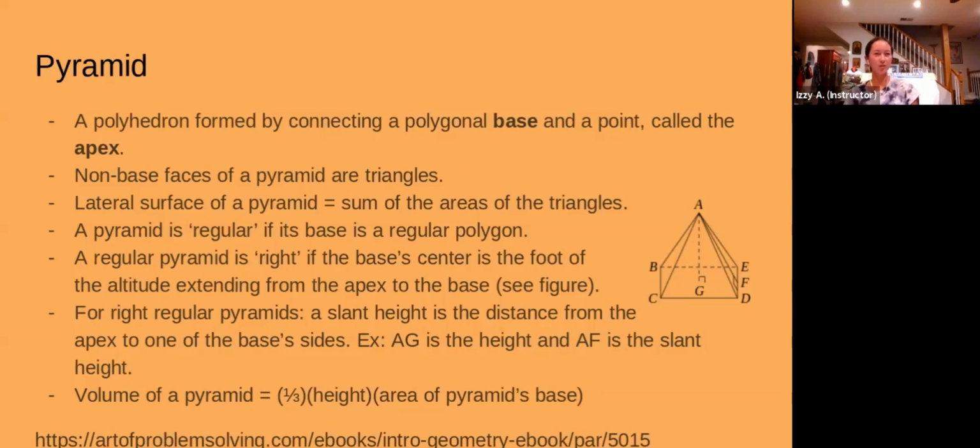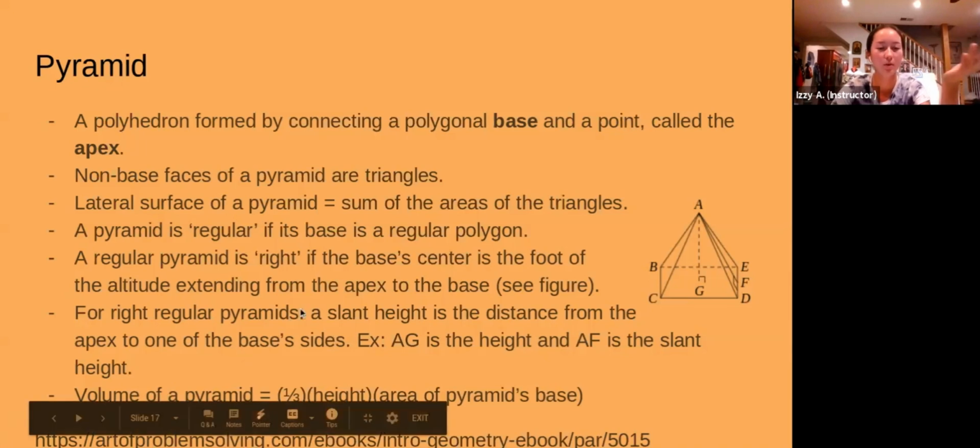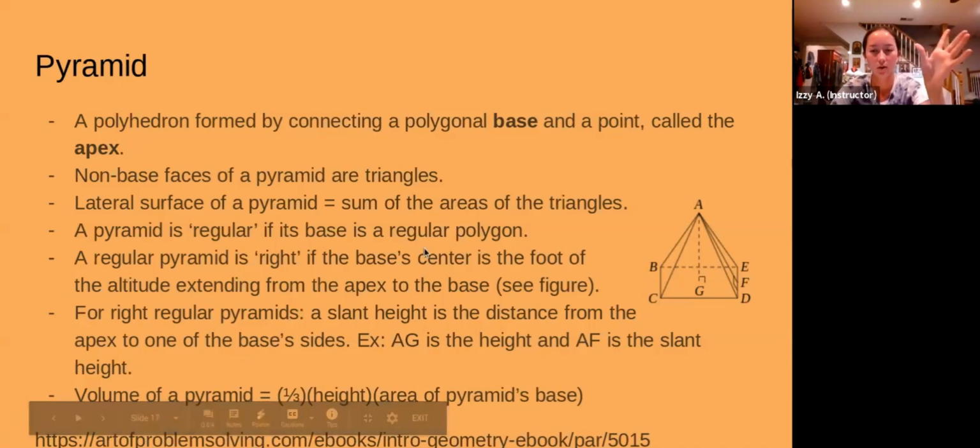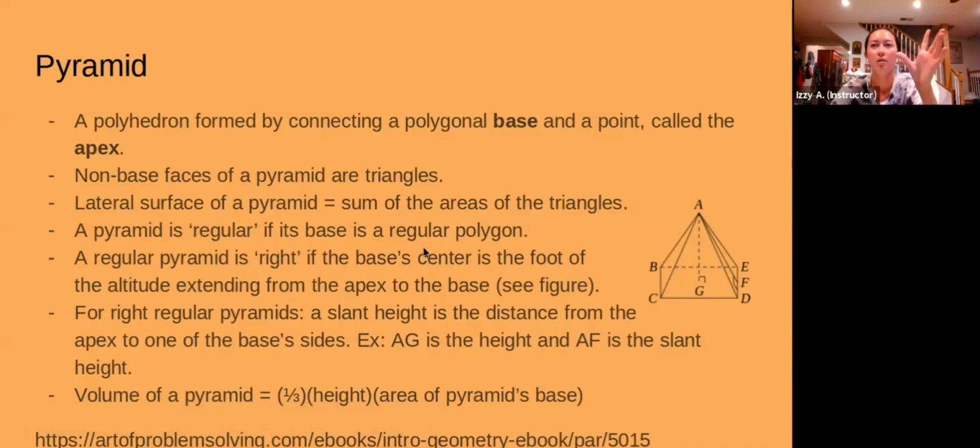But I wouldn't think, oh, the volume of this 3D figure is going to be 1/3, or for example, the volume of a pyramid is 1/3 of the volume of a regular prism, like a rectangular prism.